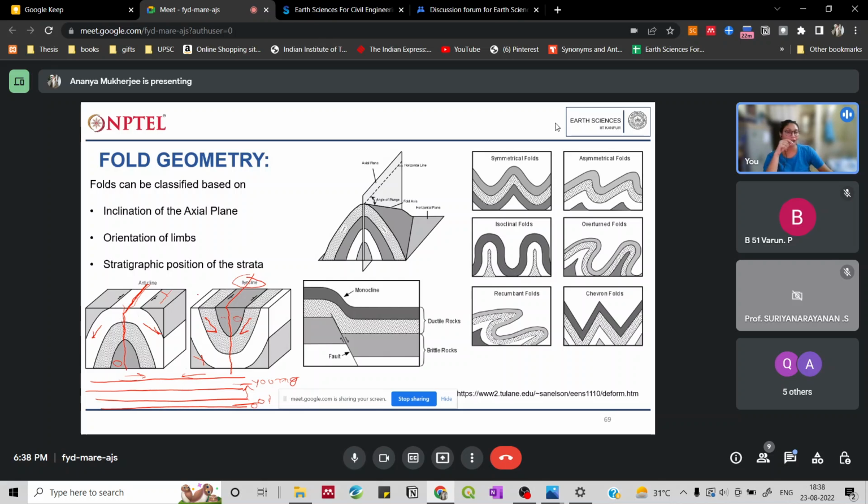Now how stratigraphic position helps in identifying whether it's an anticline or a syncline. Suppose you're walking on the top of the surface and you can only see the limbs. Now you cannot understand whether they are dipping towards each other or away from each other.